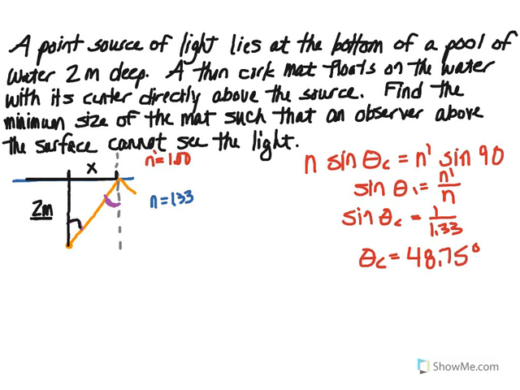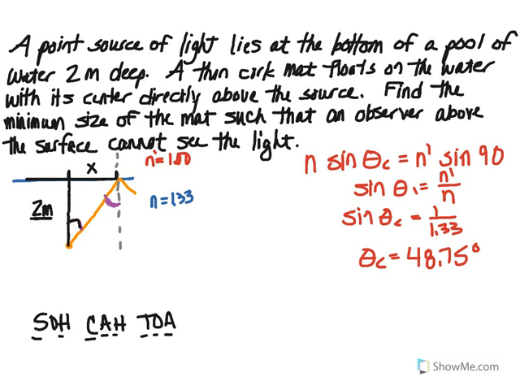And I don't know how many of you remember this from geometry: SOHCAHTOA. And so this means that the sine is the opposite over the hypotenuse, the cosine is the adjacent over the hypotenuse, and the tangent is the opposite over the adjacent.